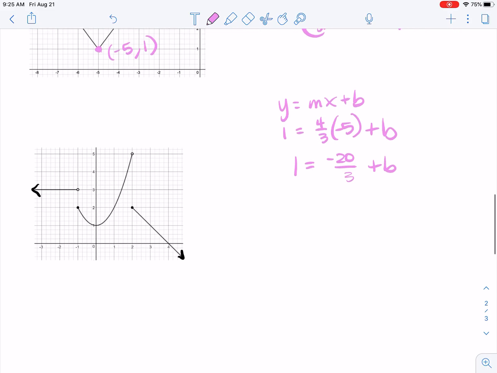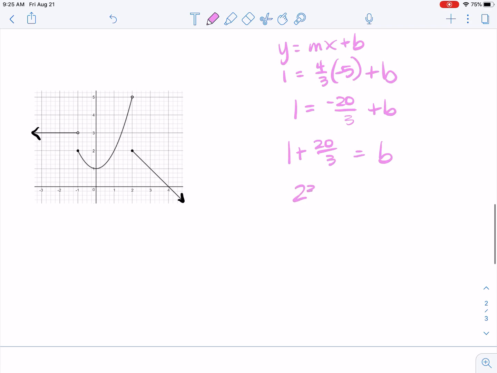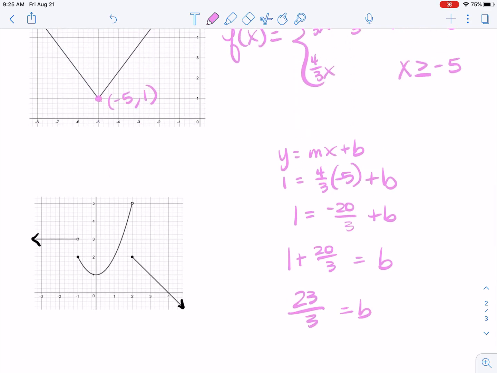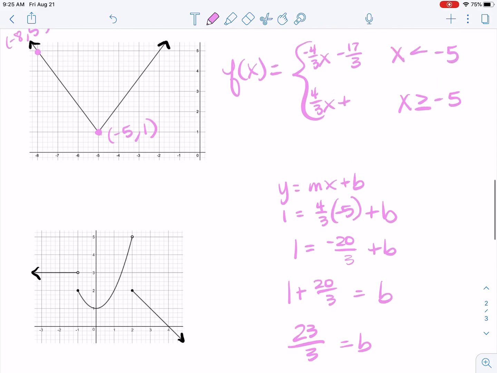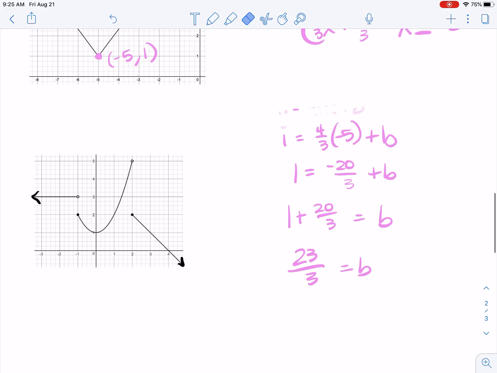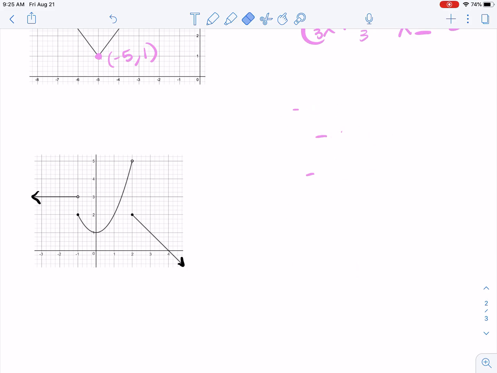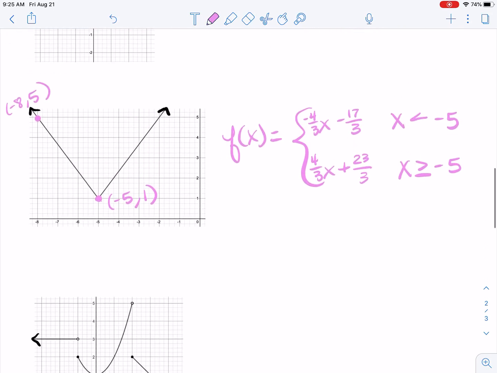Add that over because it's a negative. So this is really 1 plus 20 over 3 equals b, which we know is going to be 23 over 3 equaling b. So that is our y-intercept, plus 23 over 3. All right. So like I said, that one was a little bit ugly, but doable.